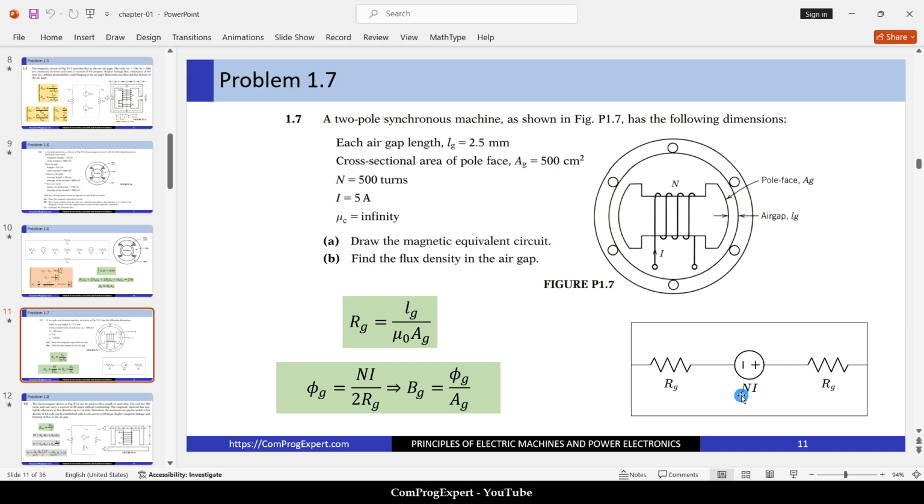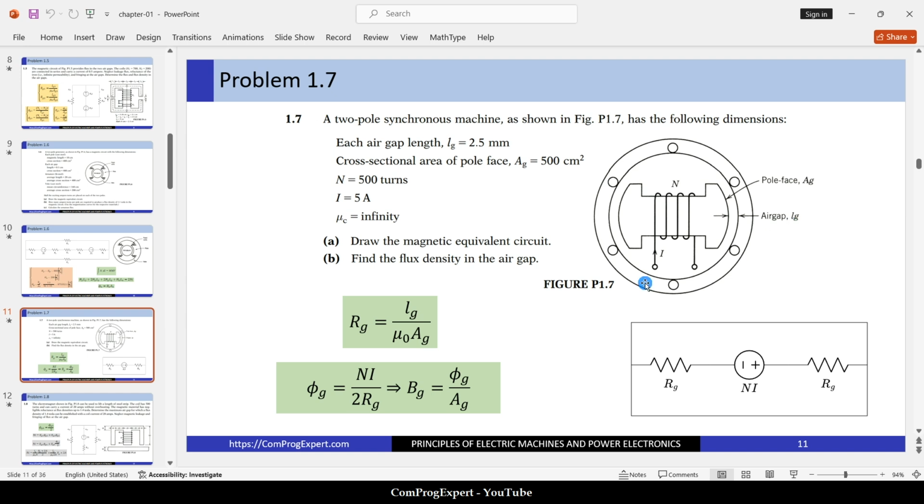This is the total magnetomotive force N times I, and we have this R gap here and R gap here. This is the length of the gap divided by mu 0 times area of the gap. And finally, we can calculate the flux density in the air gap, knowing the flux in the air gap using this equation.